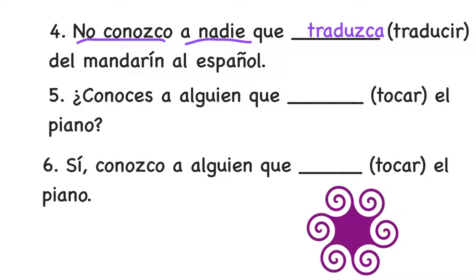What about the next sentence? ¿Conoces a alguien que tocar el piano? Do you know somebody who plays the piano? First it has conoces, which could be an indicator of the subjunctive. And more important than that, it is a question.